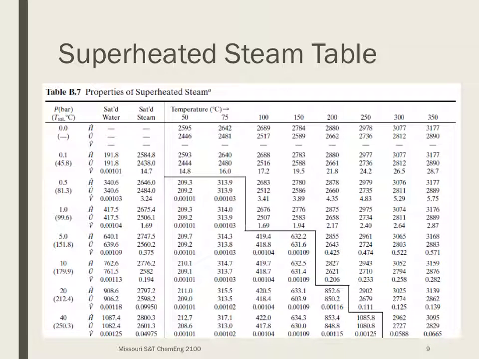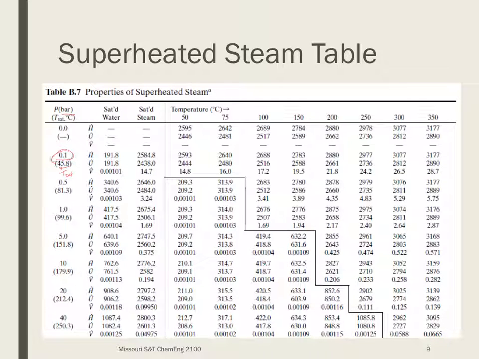beyond that saturated vapor state, you now move into the superheated steam. And so this could have a wide variety of temperatures and pressures. The others, temperature and pressure, were all correlated. But here, for a particular pressure, so let's take 0.1 bar, they show me what the saturation temperature is. So 45.8 is Tsat.